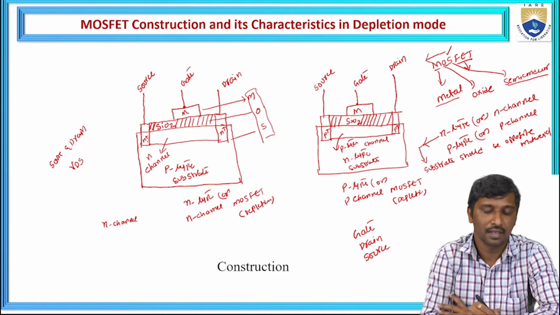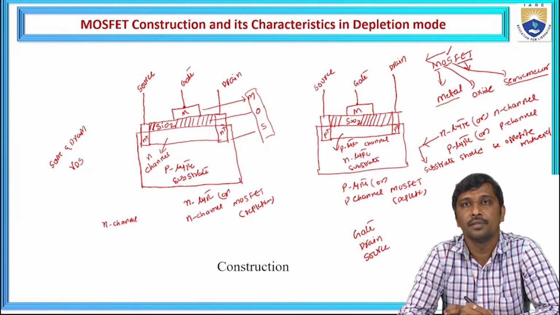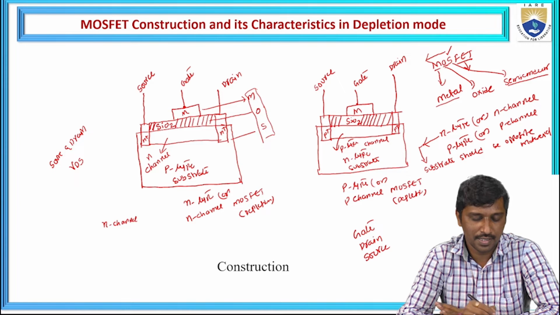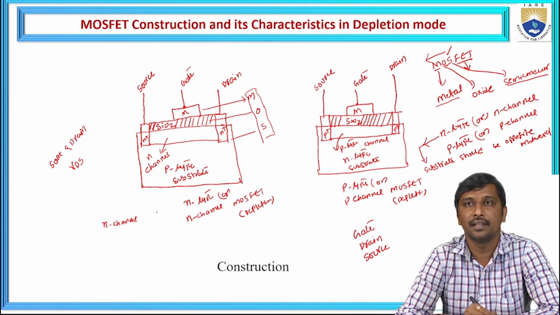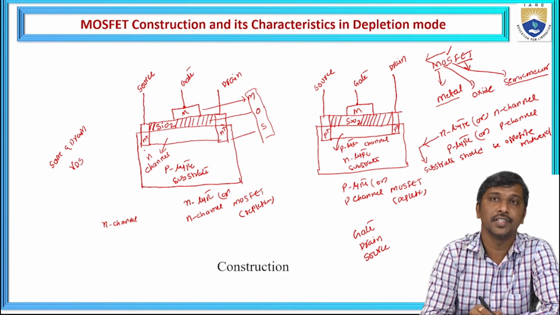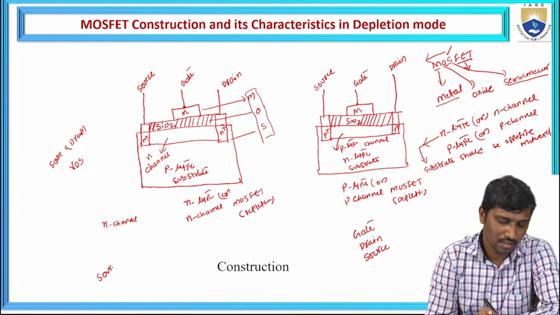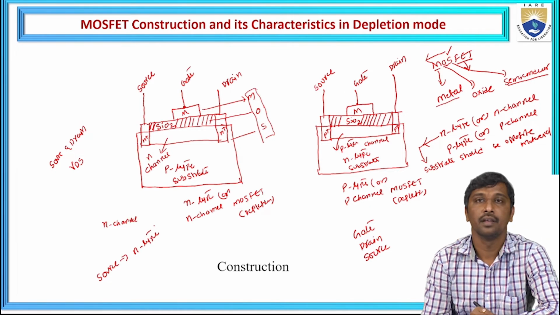Now, what type of electric field is required to repel the charge carriers from the source to drain? If you consider the N-channel depletion type MOSFET, in this MOSFET the source is made up of N-type material.